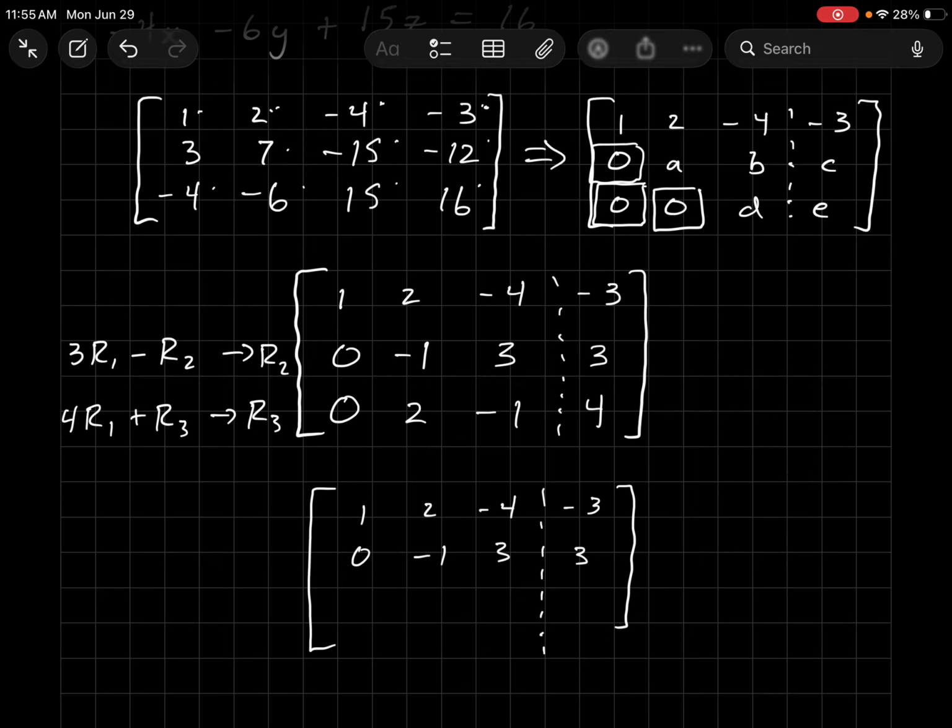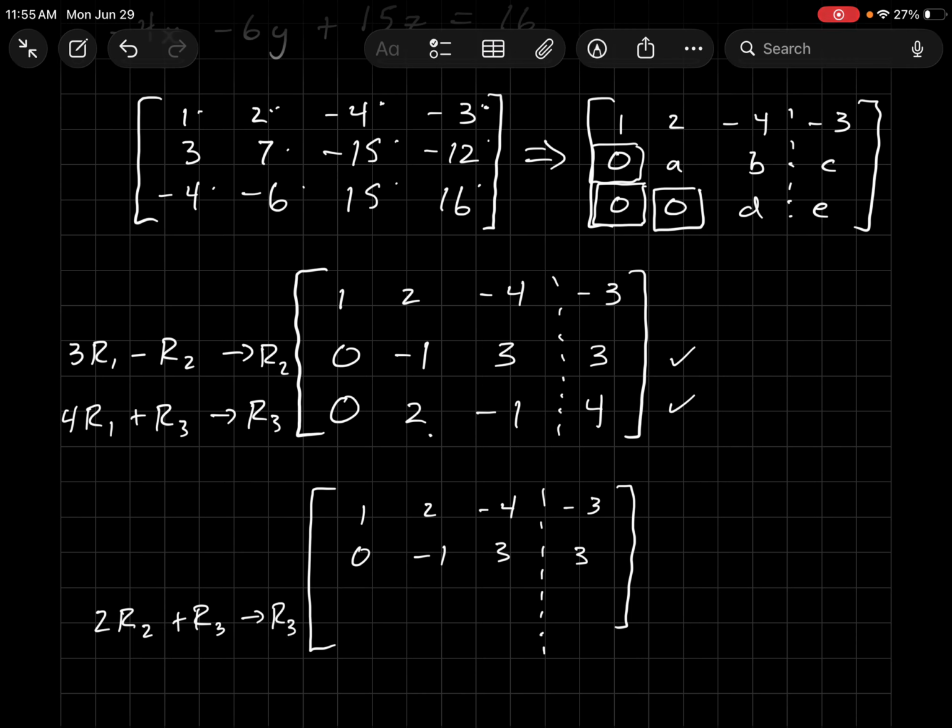And use a combination somehow of row 2 and row 3 to get a 0 here where the 2 was. So let's see. What if I do 2 times row 2 plus row 3 gives me the new row 3.